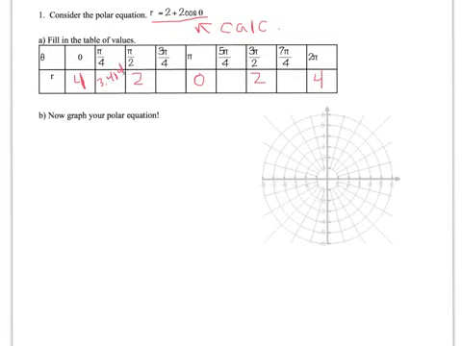Okay, and when I punch in the same thing, but 2 plus 2 times the cosine of 3 pi over 4, I get 0.586.